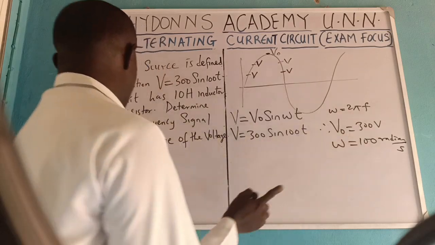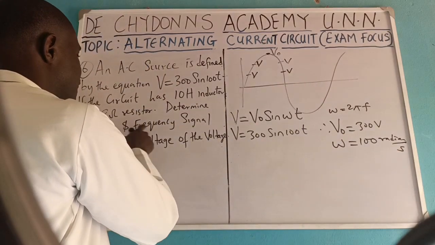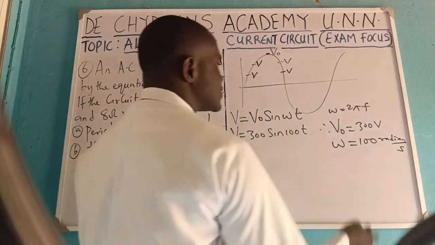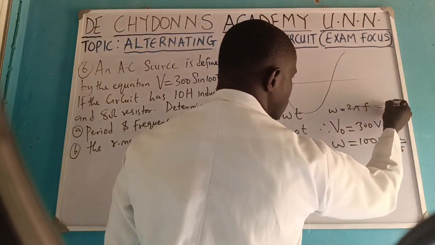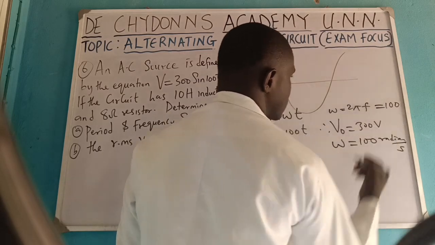Now, the question is to find the period and frequency of the signal. I will equate this W with 100.